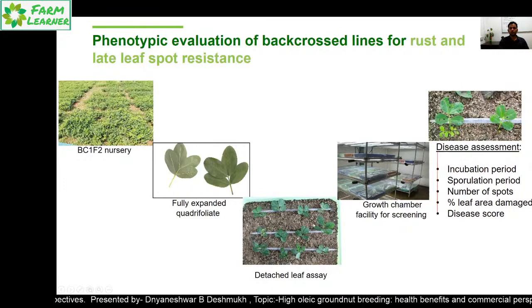This tray was put like this as a sample for screening, and then inoculum of late leaf spot and rust was sprayed onto the sample. This screening or disease assessment was done for late leaf spot and rust in the growth chamber facility at ICRISAT.